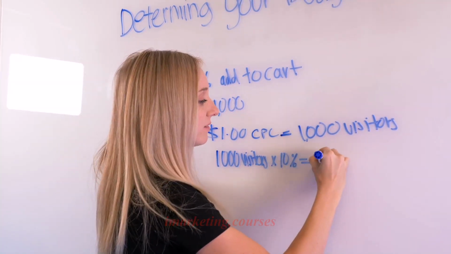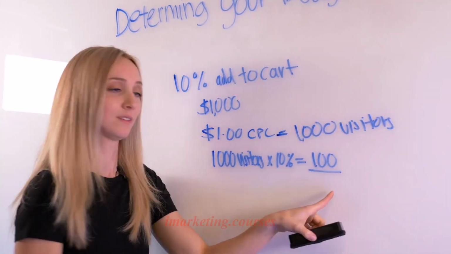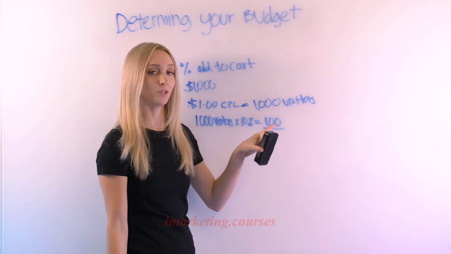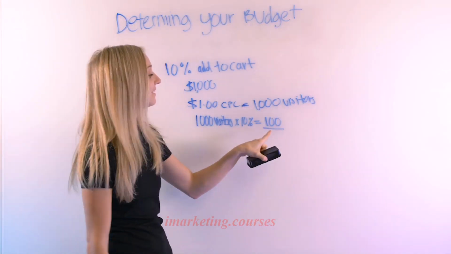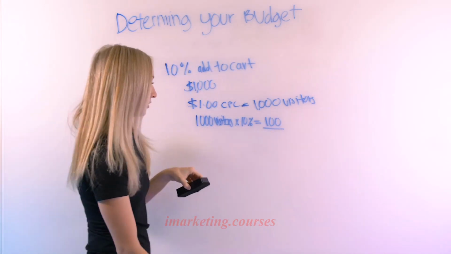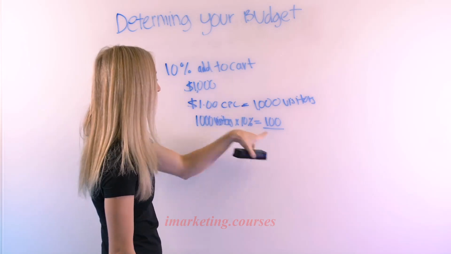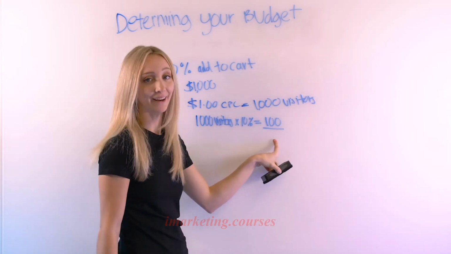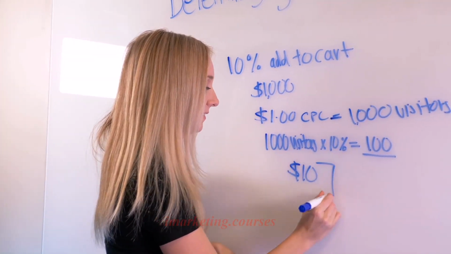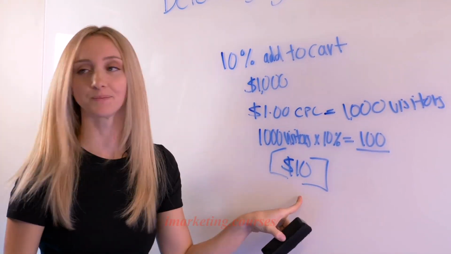That means you have 100 people who have added to cart from your TikTok ads on your first week of spending on TikTok. So now let's determine what is our cost per add to cart. So we spent $1,000, we have 100 people adding to cart. That would make a $10 cost per add to cart.